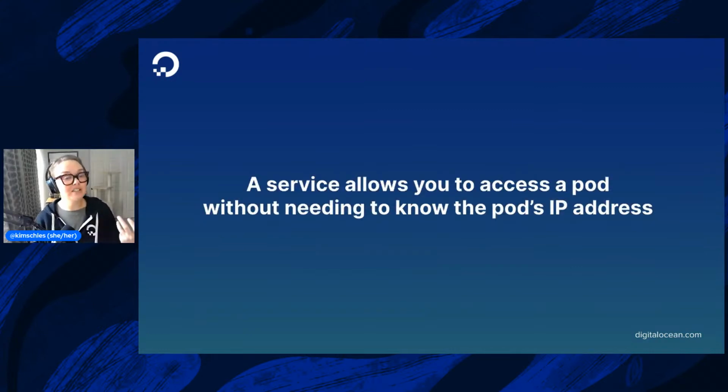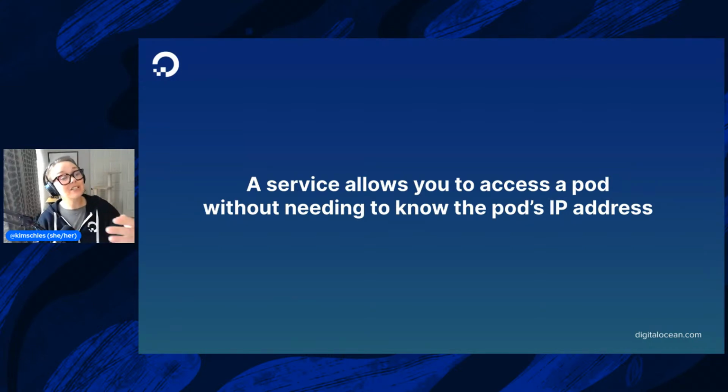So a Kubernetes service allows you to access a pod without needing to know the pod's IP address. And one of the powerful things about Kubernetes and just the way that we run digital infrastructure now are these immutable objects, things that can be spun up and torn down, and you shouldn't have to worry about specific IP addresses.